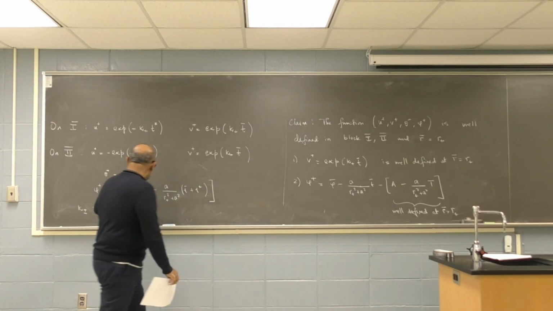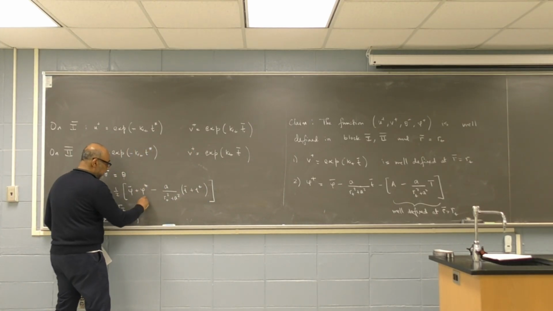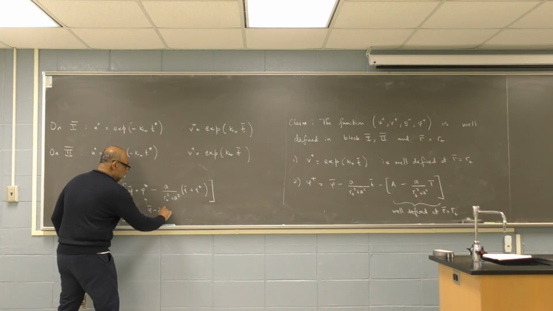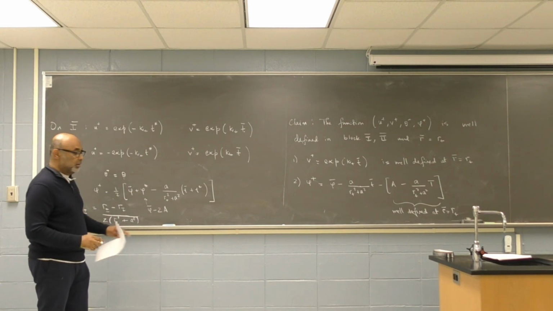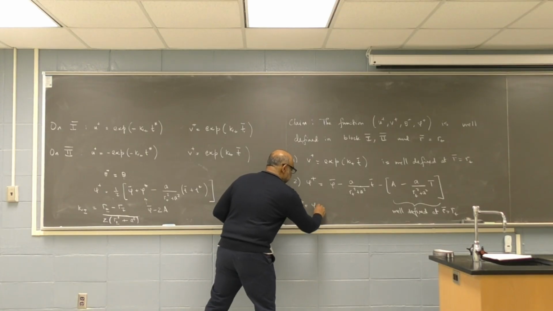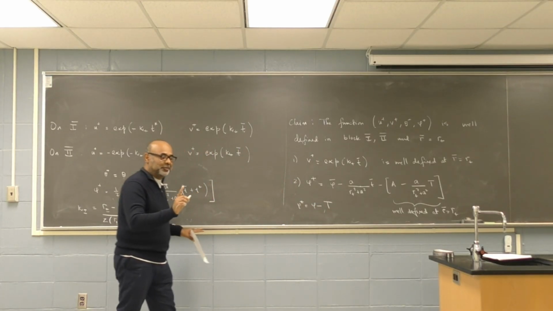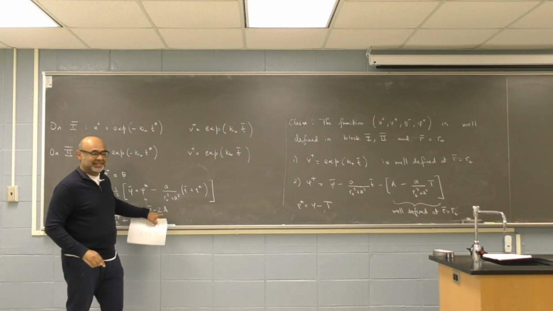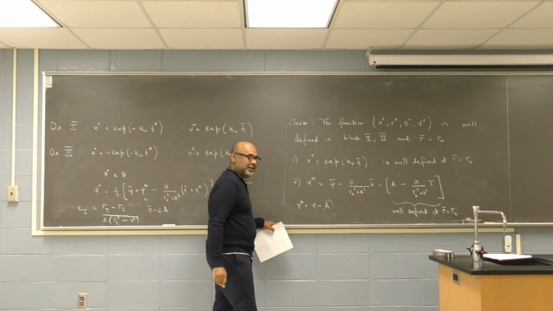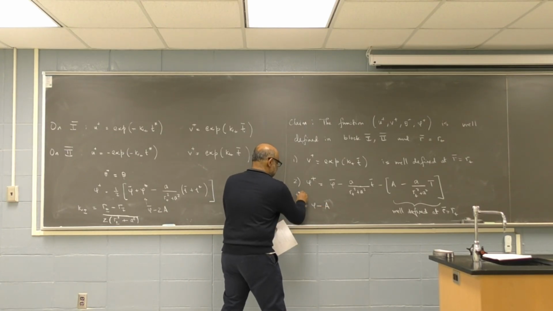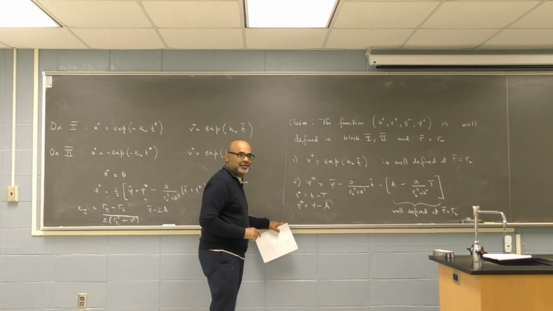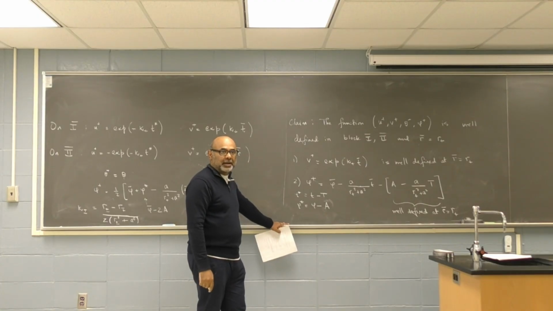So what did I do? I replaced this phi star with phi bar minus 2. Oh, I just recalled, previously when I wrote, I said this is equal to phi minus T. With phi, it should have been A. Just note, this is the T star equals T minus T. Yep, so please correct your notes.